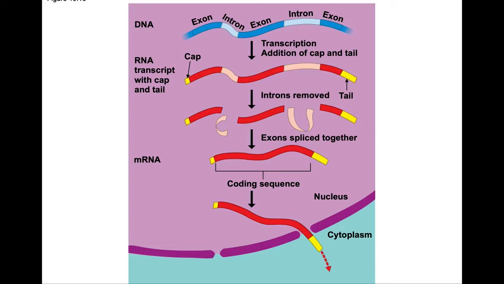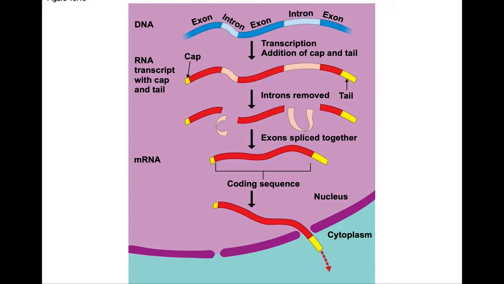What they mean by that is non-coding. It doesn't code for anything. So 98% is non-coding, just evolutionary genetic information. So what we need to do is get rid of some of the stuff and just keep the fine points.